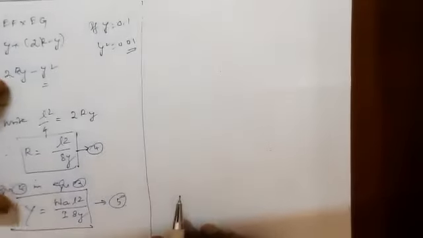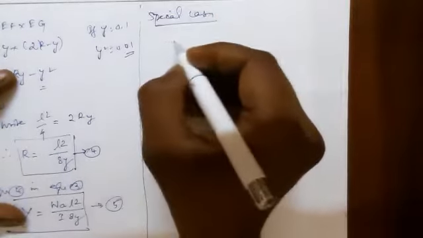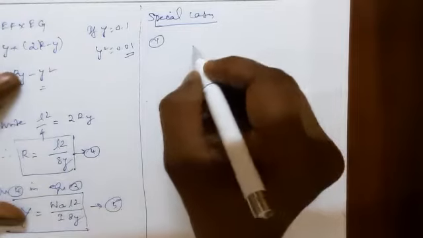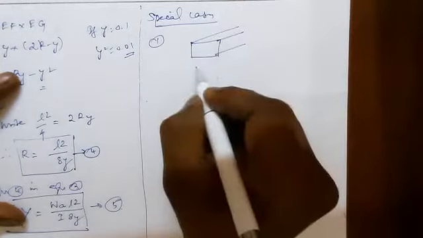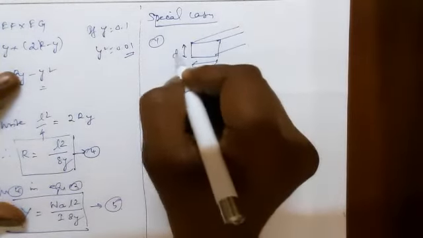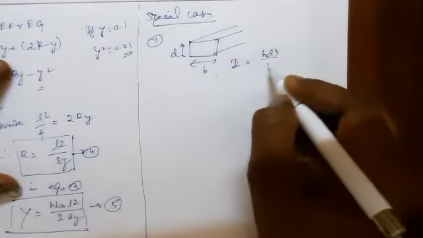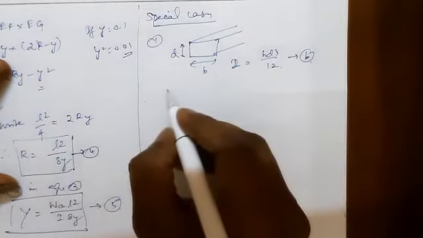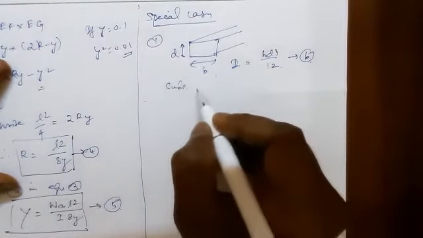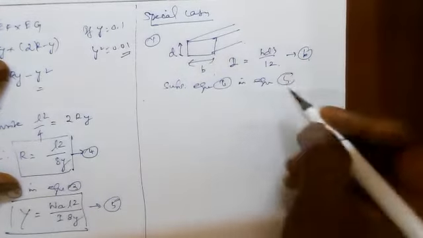Suppose we take a rectangular beam, a special case, like this, with breadth B and thickness D. The value of the geometrical moment of inertia I equals BD cubed divided by 12, equation 6. Substitute equation 6 in equation 5.